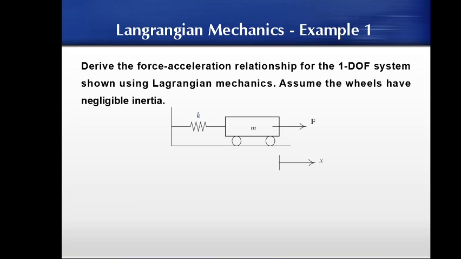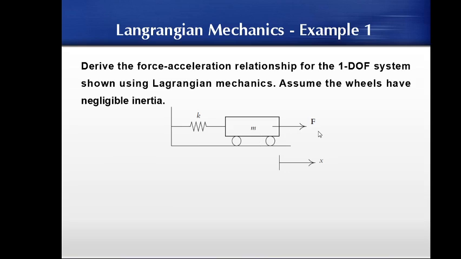Okay, so let's take the first example of how to derive the force or dynamic equations. The question is: derive the force-acceleration relationship for the given 1 degree of freedom system shown, using Lagrangian mechanics. Here you have a rigid body of mass m attached to a spring with spring constant k, and it moves only in one direction, that is x.